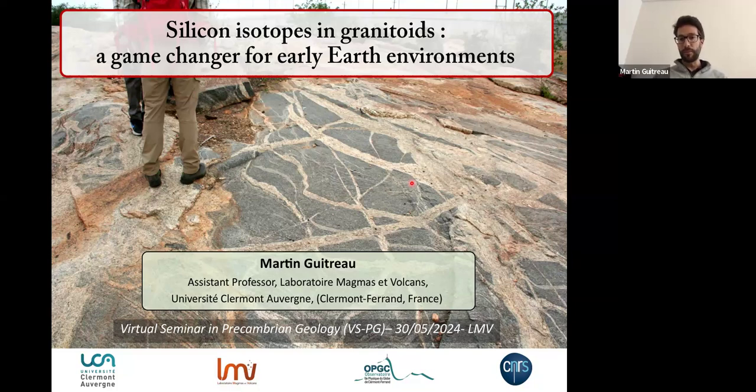As you will see, silicon isotopes are not the way to definitively discriminate geological settings, which is more or less the kind of twist that I've given to this presentation. But what you will see is that they provide some information that constrains some of these environments and that models have to take into account.